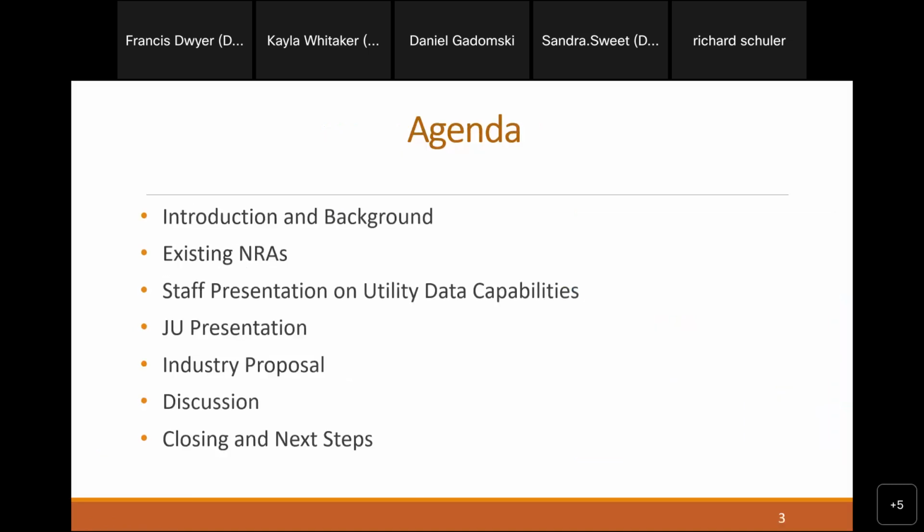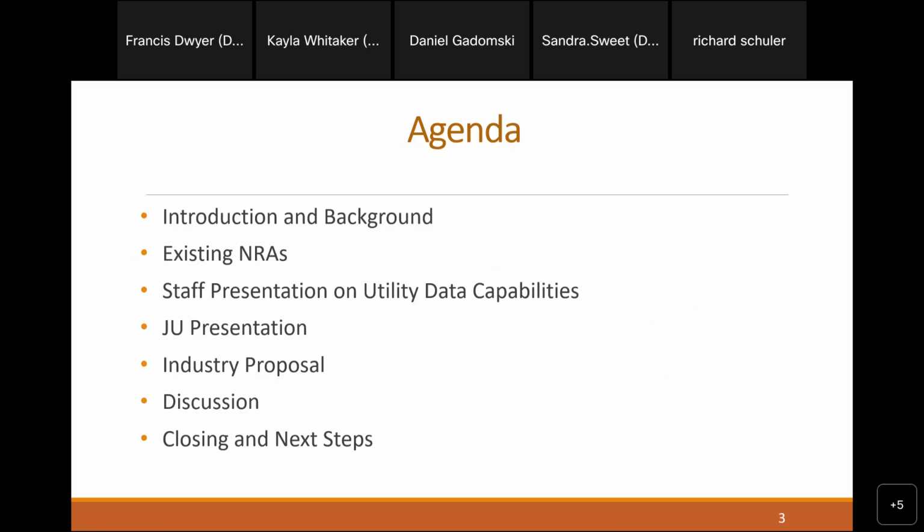So here's our agenda for today. We'll really quickly just do a little intro and background. And then we have a couple brief presentations by staff. One is a follow-up from the prior meeting where folks had asked for a little bit more background information on some of the existing NRAs that are in place today.